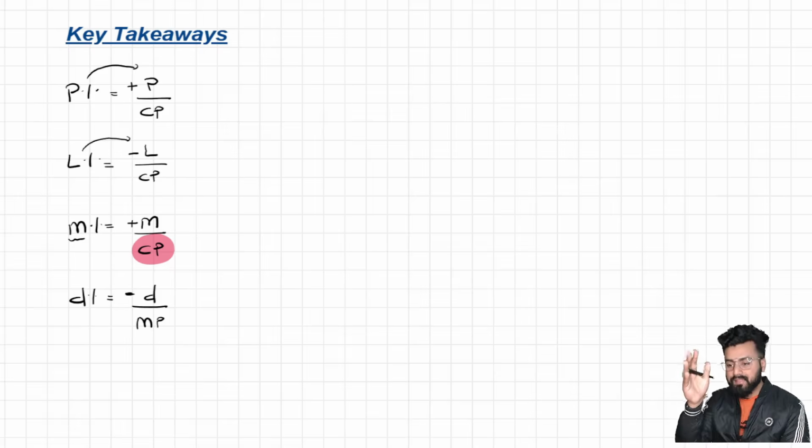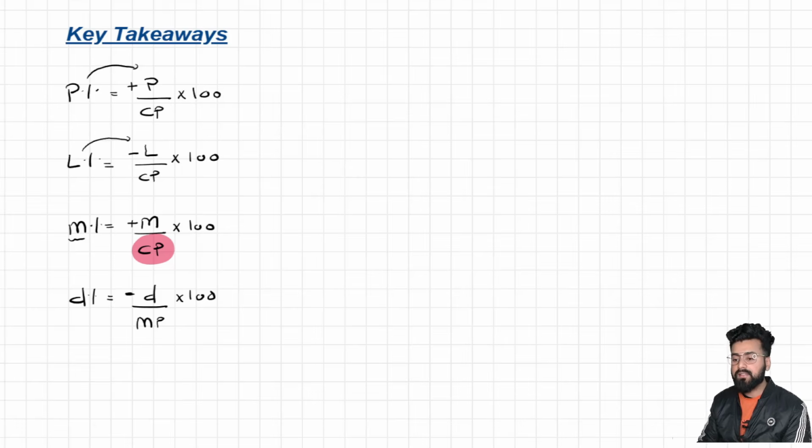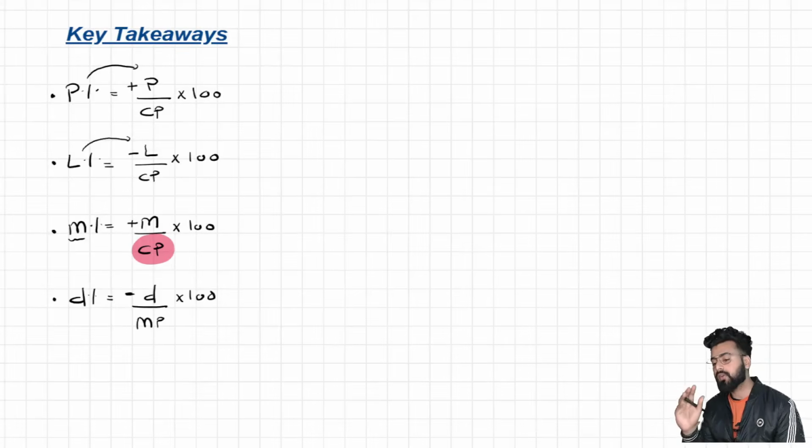Once the fractions are written, it is very easy to convert fractions in terms of percentage. Multiply these fractions by 100 and you would be able to calculate these percentages: profit percent, loss percent, markup percent, and discount percent.